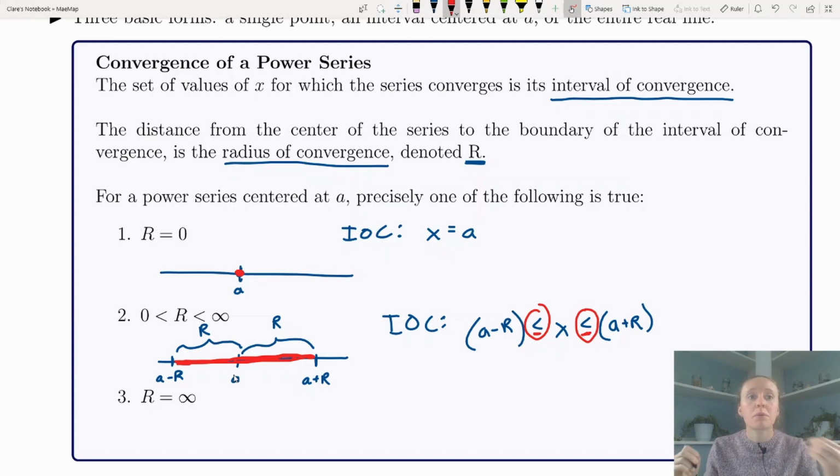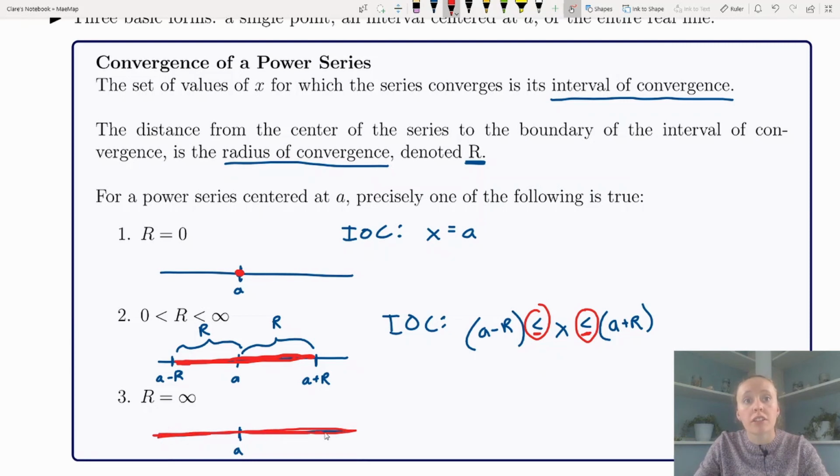And then finally, we have when our radius is equal to infinity. And when our radius equals infinity, that means that our interval of convergence, if you imagine that radius swinging all the way towards infinity and then swinging back towards negative infinity, if we were to picture this visually, centering our power series at a, it's going to converge over the course of this entire number line.